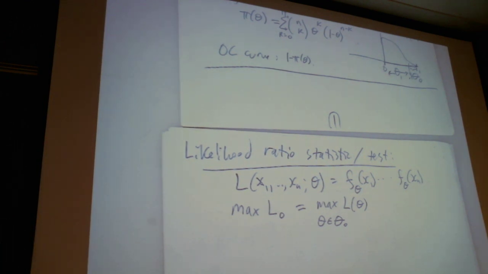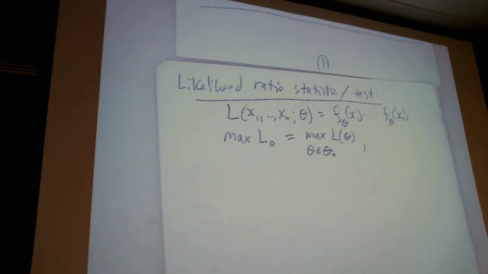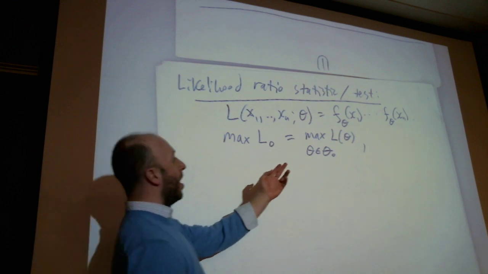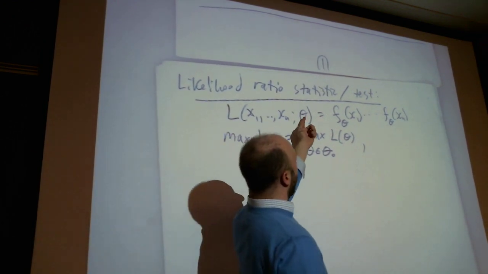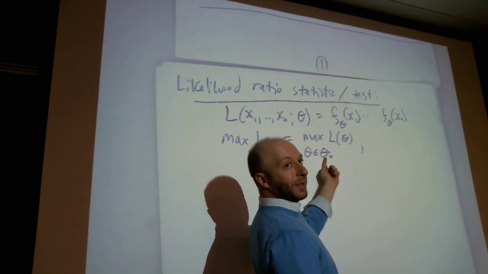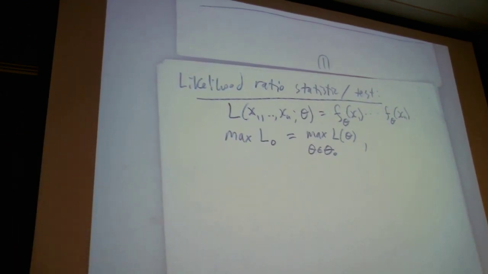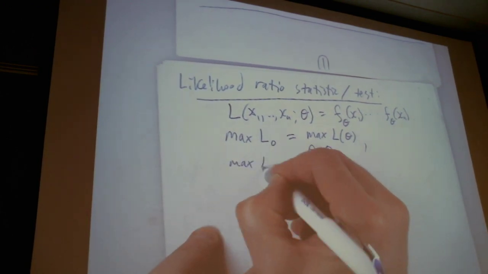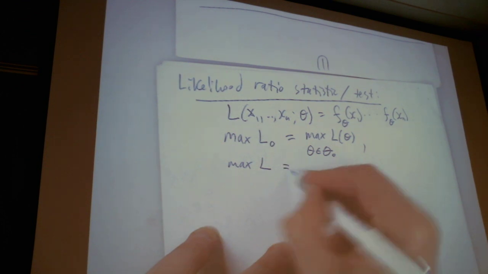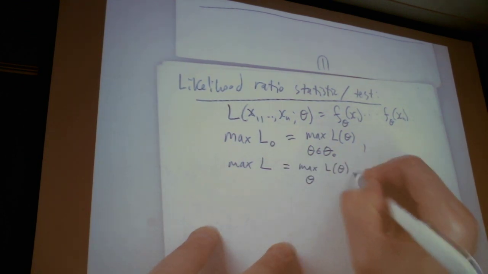We're going to do examples of this in a second. I'm just getting the notation down. So this is the maximum value of the likelihood function among all thetas consistent with the null hypothesis. And the ratio statistic is the ratio of this to the maximum not in the alternative hypothesis, but over all hypotheses, all theta of L of theta.